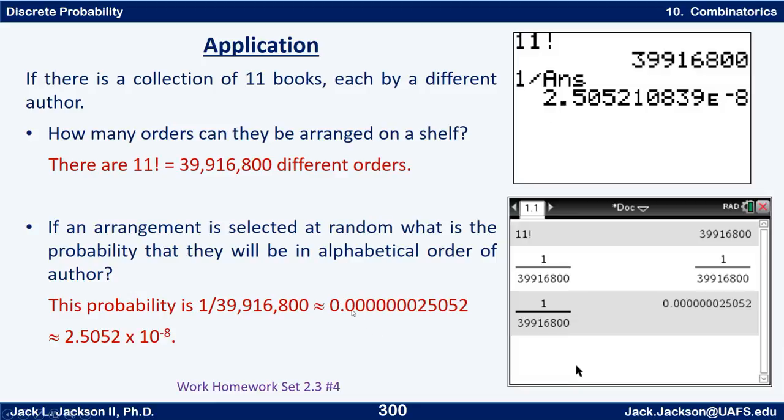Let's count up, see if I got the right number. 1, not counting the 1 in the front, 1, 2, 3, 4, 5, 6, 7 zeros, and then 25052, at least to that many significant digits, or about 2.5052 times 10 to the negative 8th power.